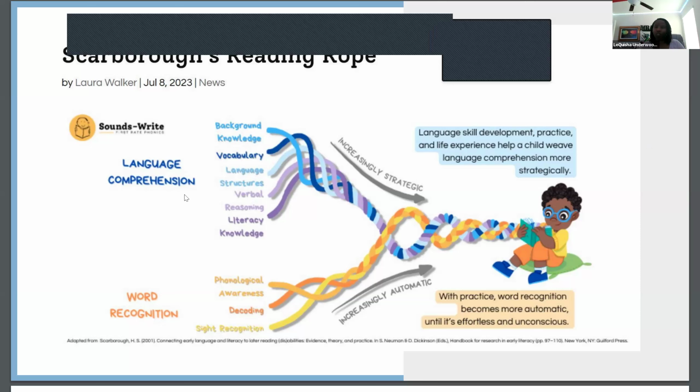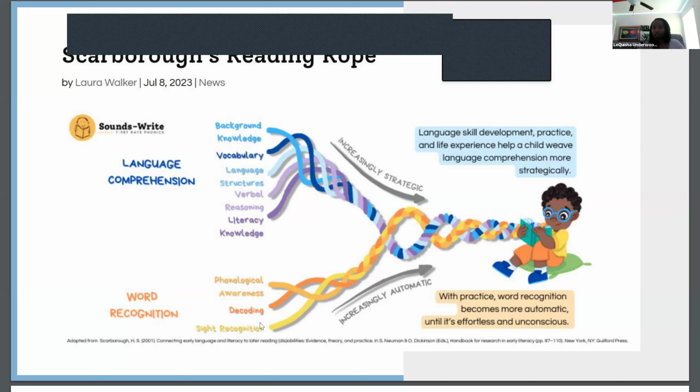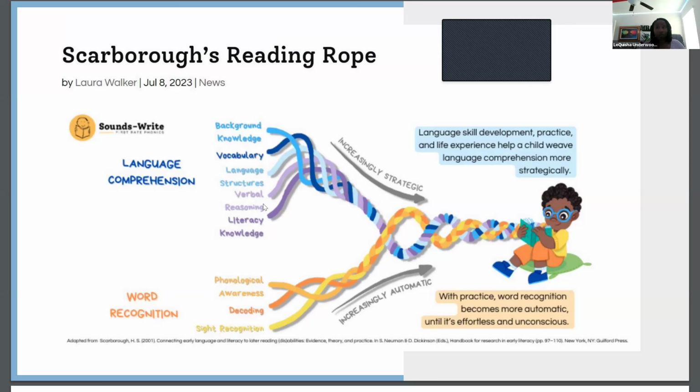And so when we are teaching within classrooms, this rope, every time we build a child's or participant or person's word recognition just by showing them a word, we also need to build that language comprehension so they have multiple ways and uses for the word. So that means in terms of vocabulary, we need to be a part of their listening, their speaking, what they can read, and what they can write.